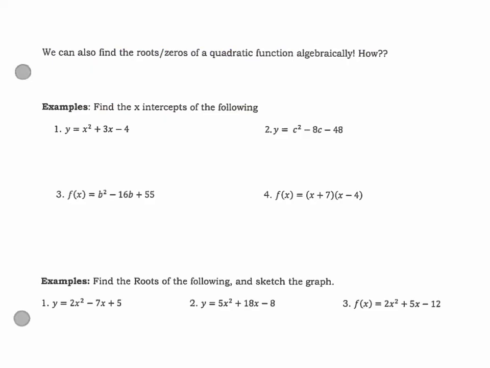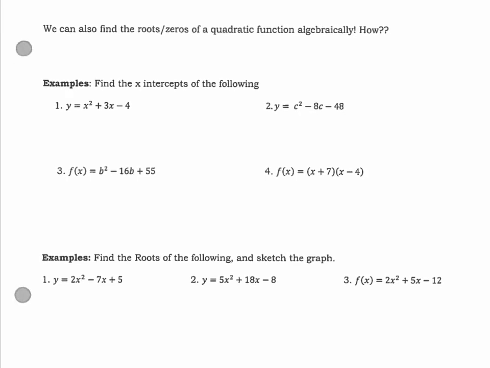We can also find roots and zeros algebraically. When you see the word roots or the word zeros, you know they mean the exact same thing as x-intercepts. On the very front of this page, we talked about finding x-intercepts when I give you an equation. Do you remember what I said?